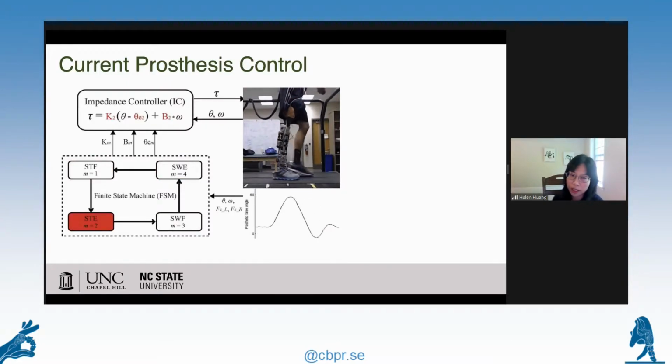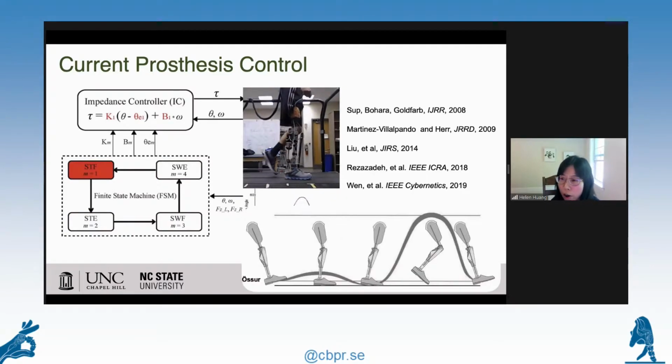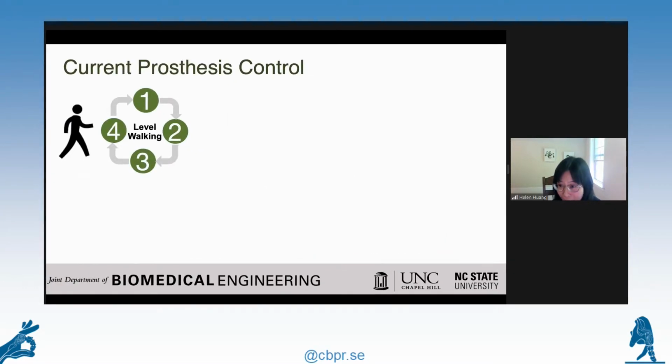They generate different states that are defined based on the gait phase. Based on each gait phase, they describe the mechanics of the prosthesis, such as using impedance control in this case, with the overall goal of generating a normative walking pattern. This type of control has been used for many devices.